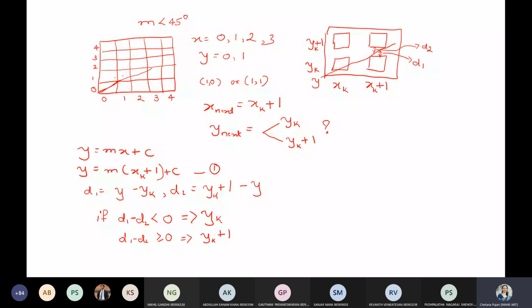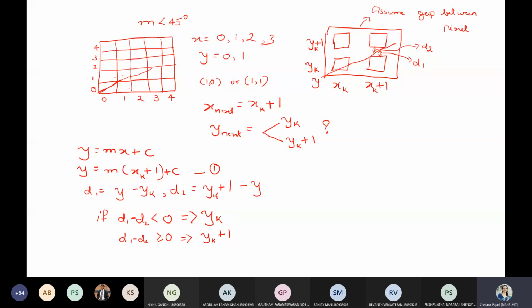So here we are assuming a gap between pixels. Basically you have a line, and you're not sure when your line is crossing through two different pixels.